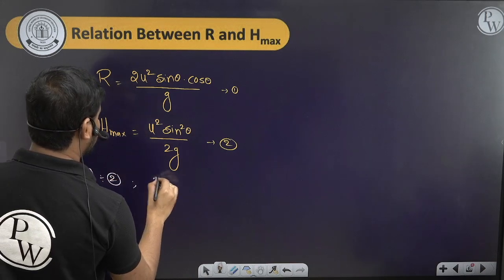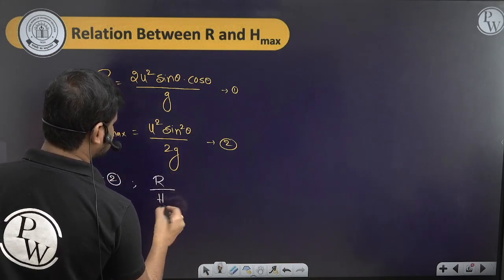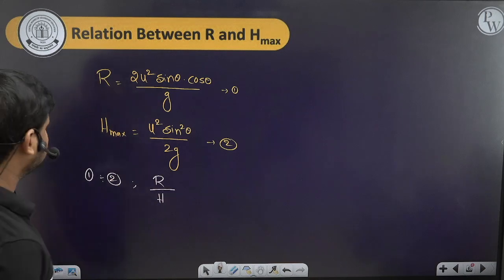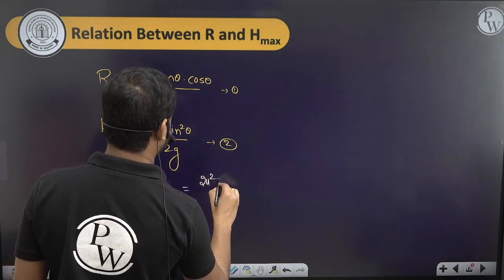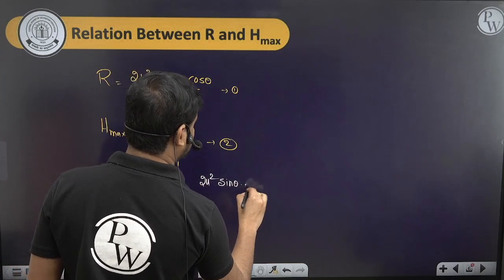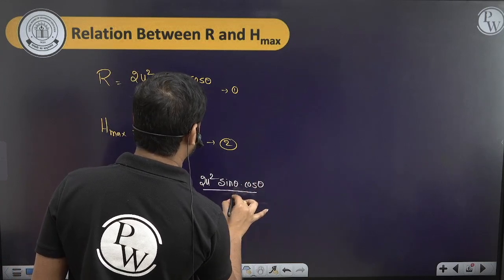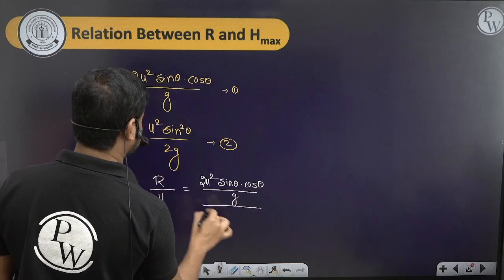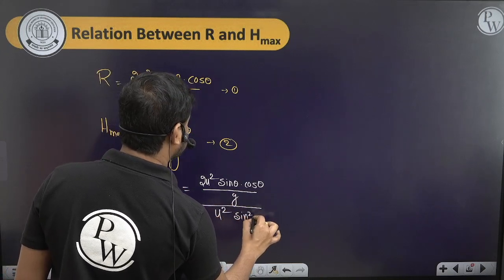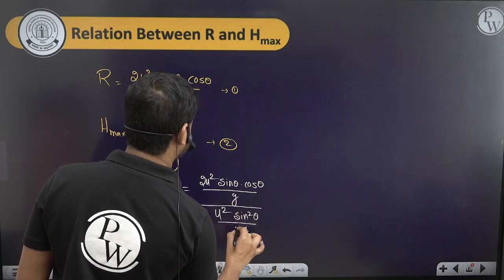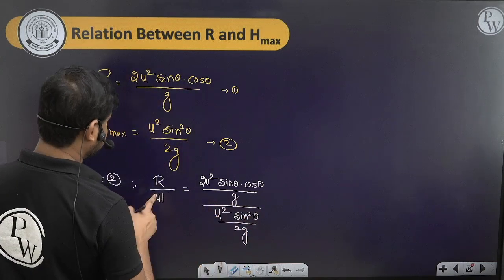So then r by H max, so let's write H max as h. So r by h is equal to what? 2u square sin theta cos theta by g, whole by u square sin square theta by 2g, right?